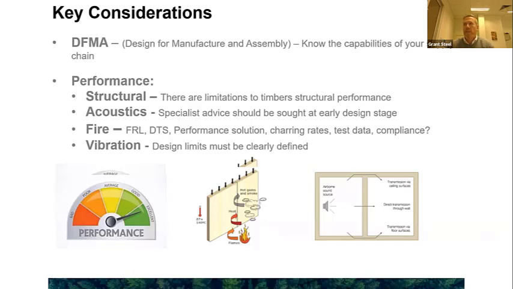So on that, it's critical that the actual mass timber provider provides you with support on this topic to aid the compliance. So spanning tables, test reports, certifications, and other information on its manufactured products. This is to aid the sign off by the fire engineer and the building surveyor. So I'll pick up more on this topic later.